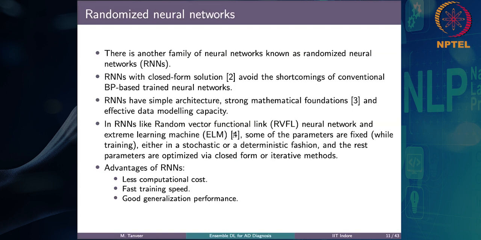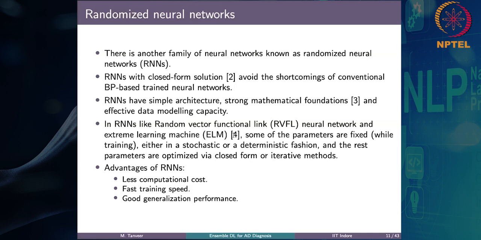There is another family of neural network called randomized neural network. And randomized neural network with closed form solution avoids the shortcomings of conventional backpropagation based training neural networks. It has simple architecture, strong mathematical foundations, and effective data modeling capacity.